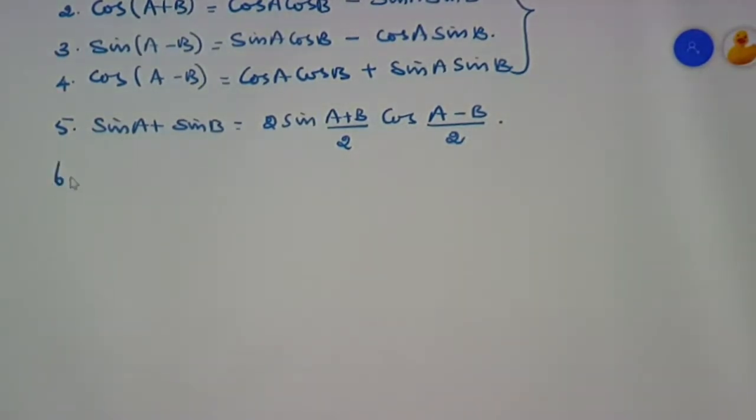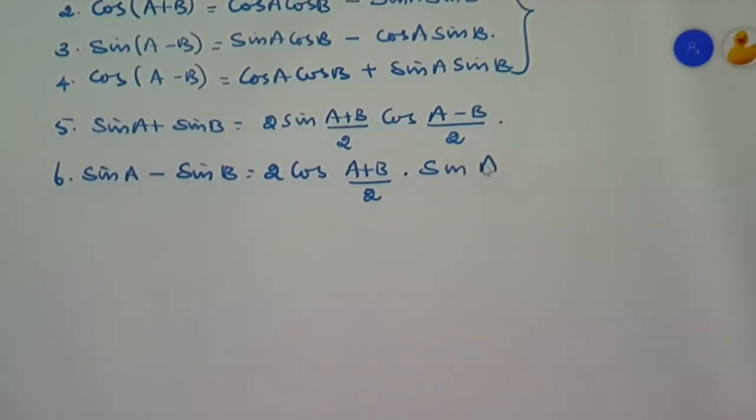Similarly, the sixth one, sin A minus sin B. Sin A minus sin B is again 2 cos of A plus B divided by 2 into sin of A minus B divided by 2.